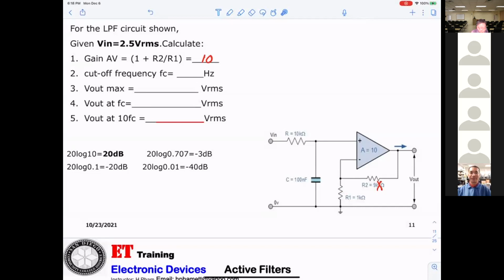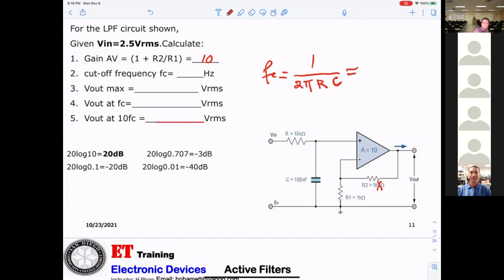Okay, now they want to know the cutoff frequency. Again, cutoff frequency FC equals 1 over 2 pi RC. R is 10K, C is 100 nanofarad. Substitute and calculate, and tell me what you get.